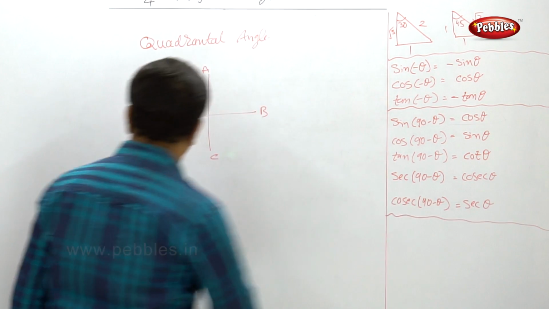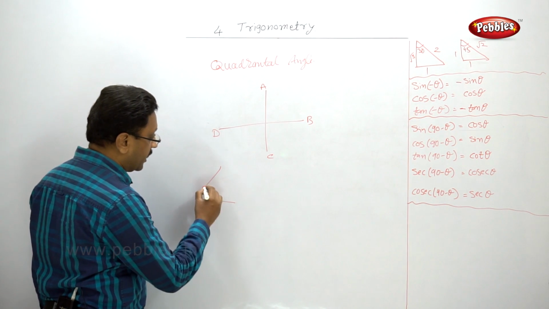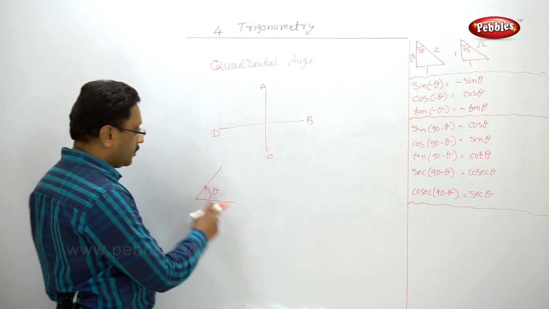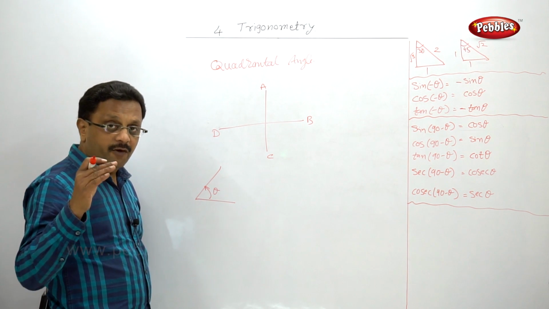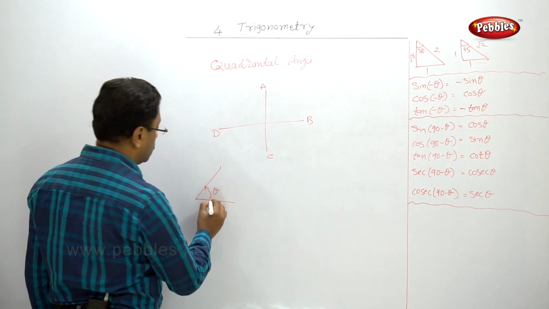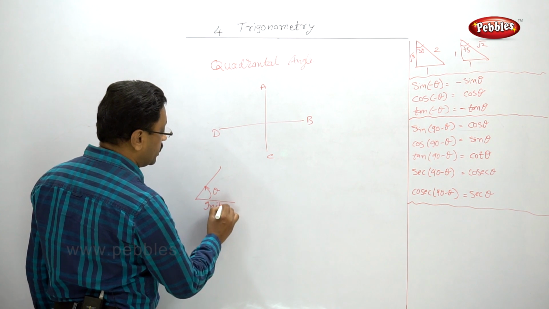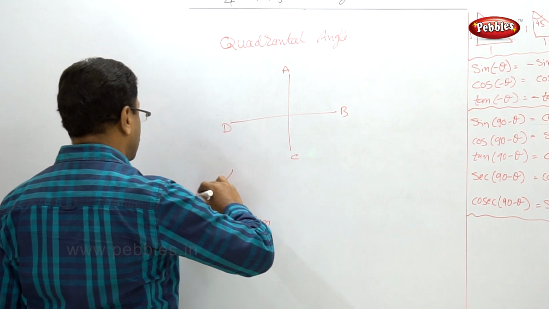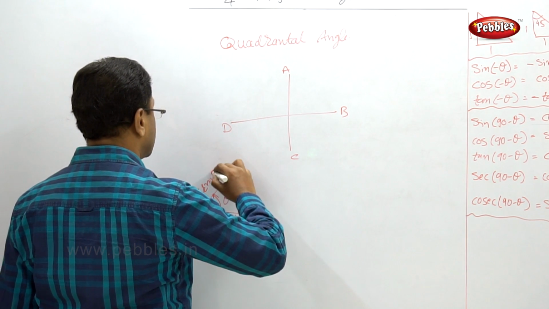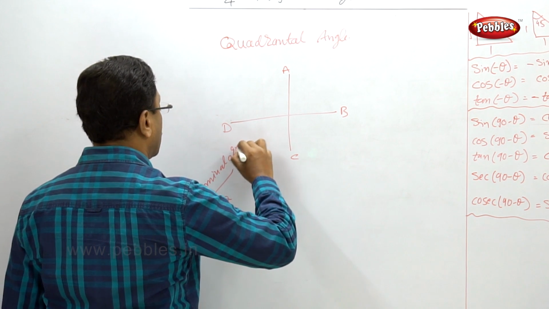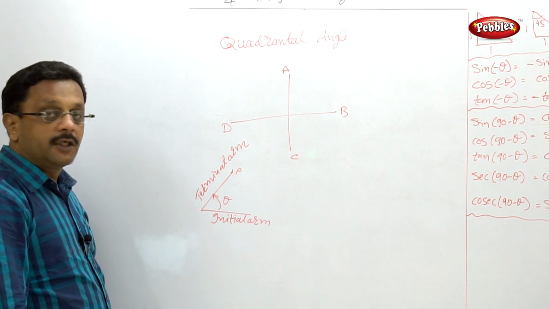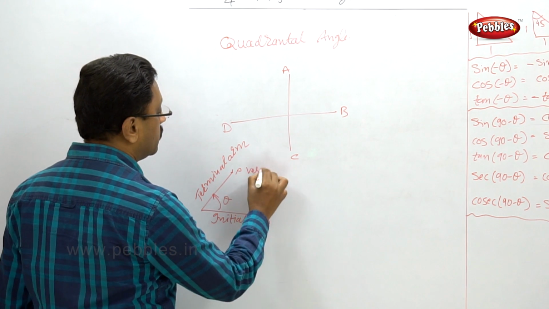Remember one thing, when this angle is there, this is theta, positive angle, then the side from which the angle starts is called as initial arm. The side at which it ends is called a terminal arm, and this point P somewhere, this P is known as vertex.